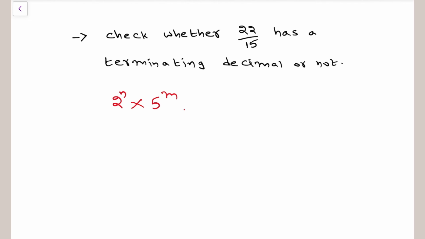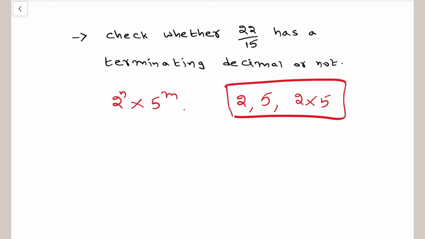What exactly does 2 power n into 5 power m mean? If the denominator contains only 2, or only 5, or 2 into 5, then it has a terminating decimal, otherwise non-terminating repeating. Only the denominator matters; we need not worry about the numerator.